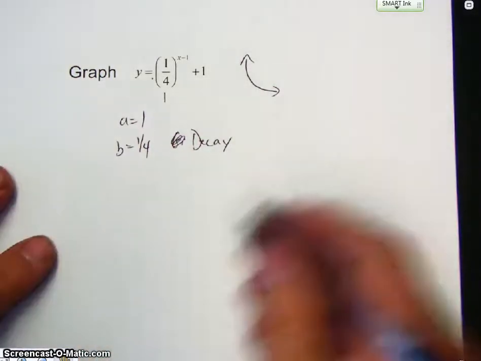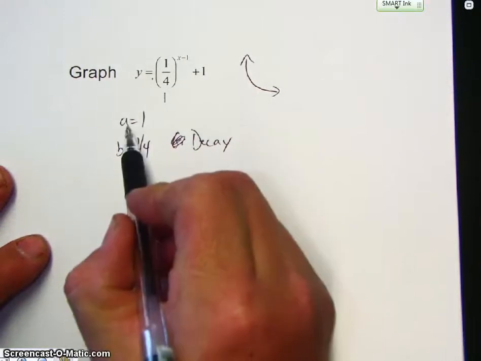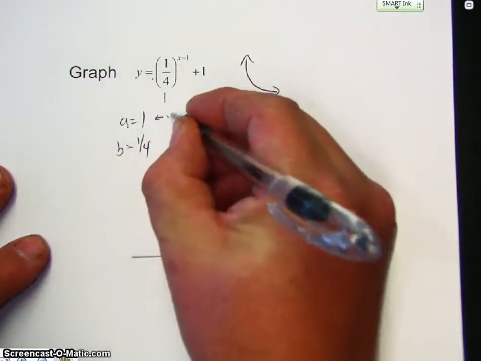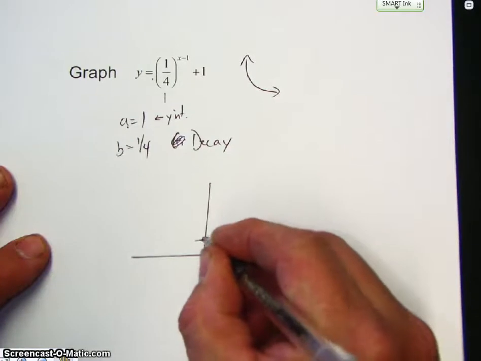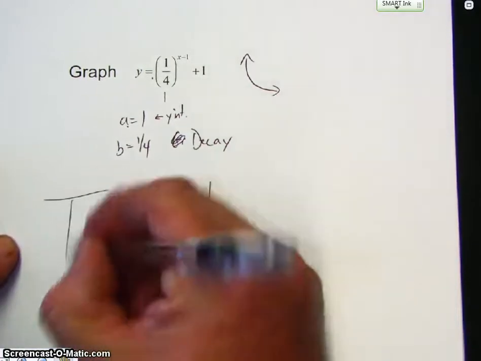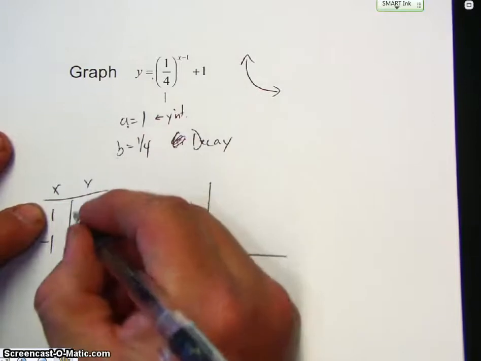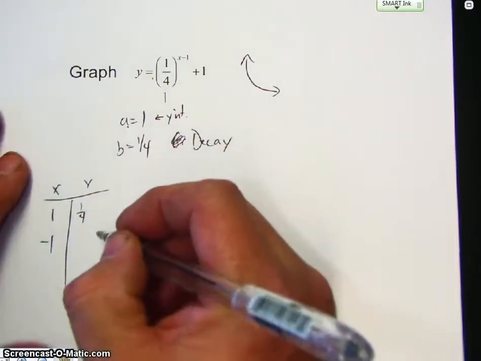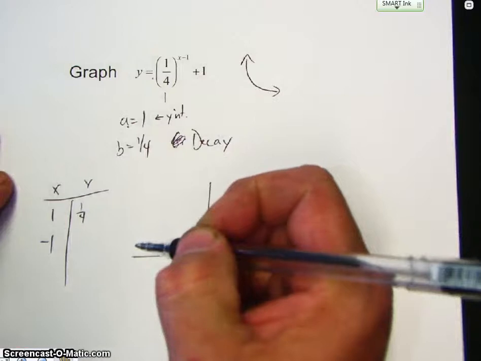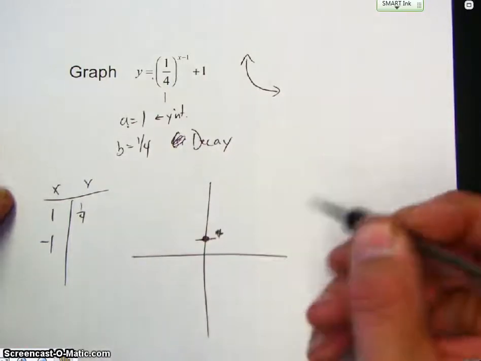So first thing I do, A is equal to 1, so that's my y-intercept. Make a little t-table, put 1, negative 1, so I get 1/4.